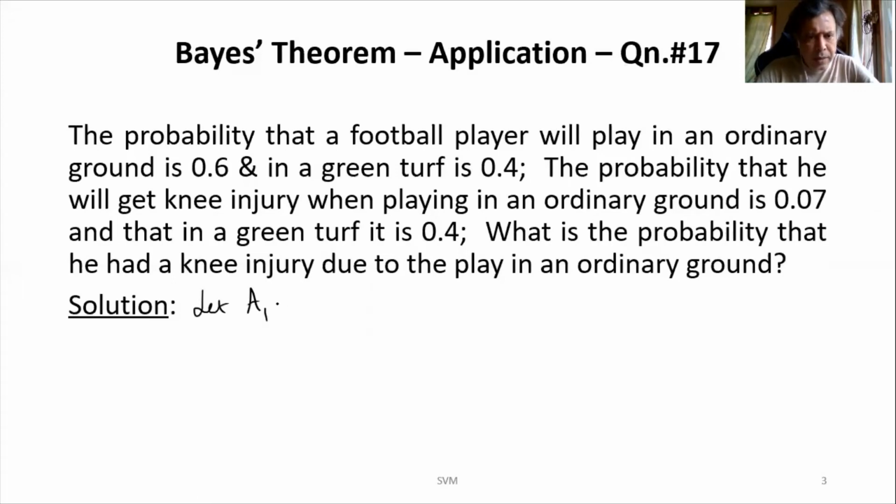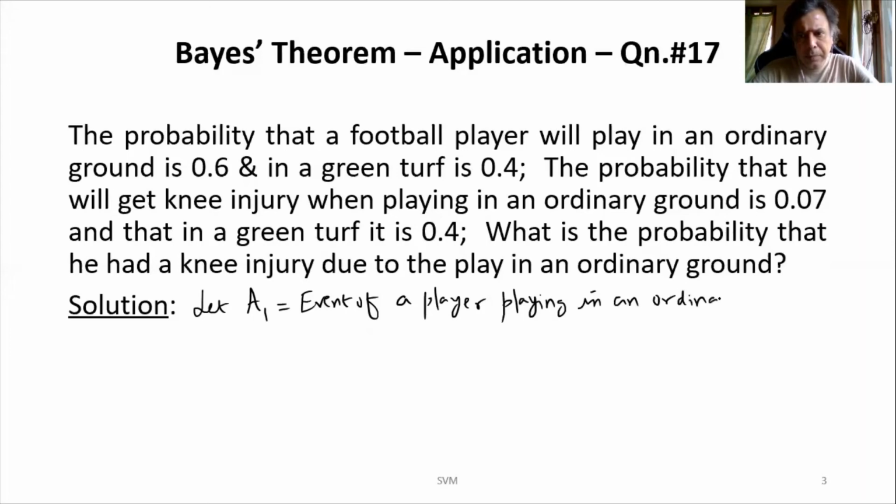Let A1 equal the event of a player playing in an ordinary ground, then let A2 equal the event of a player playing in a green turf.